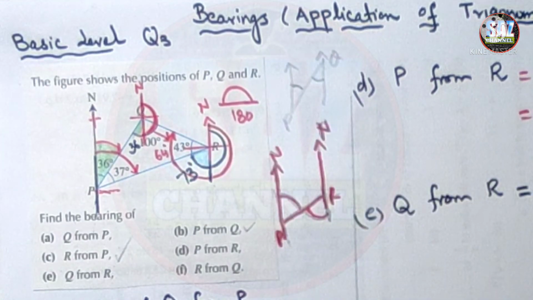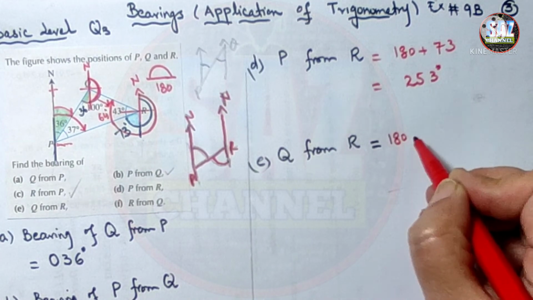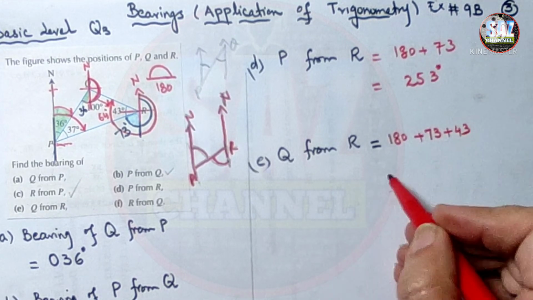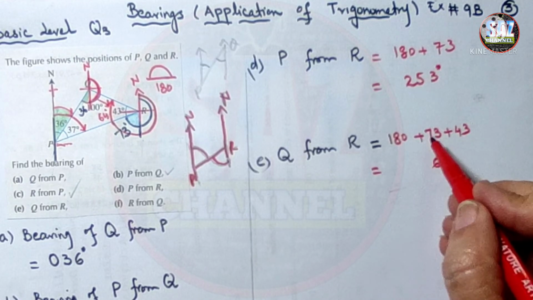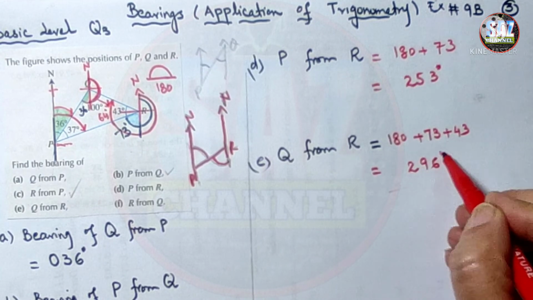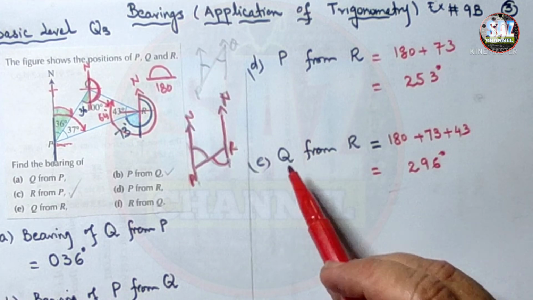So one of the answers will be 180 plus 73 plus 43, and that is 3 3 and 6, 7 and 4 11, 11 and 8 is 19, 296 degrees. This is one of the ways of reaching the bearing of Q from R.